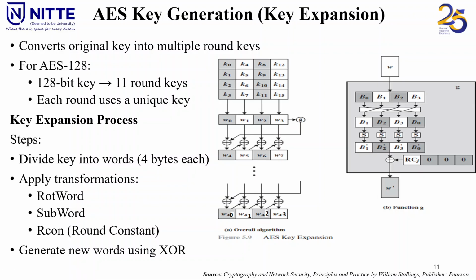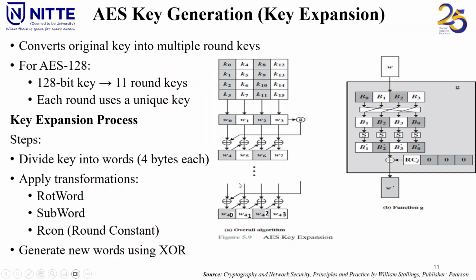Next, to generate W5, the W4 value becomes one input to the next XOR function, along with W1. So W4 and W1 generate W5. Similarly, W5 and W2 generate W6, and W6 and W3 generate W7.